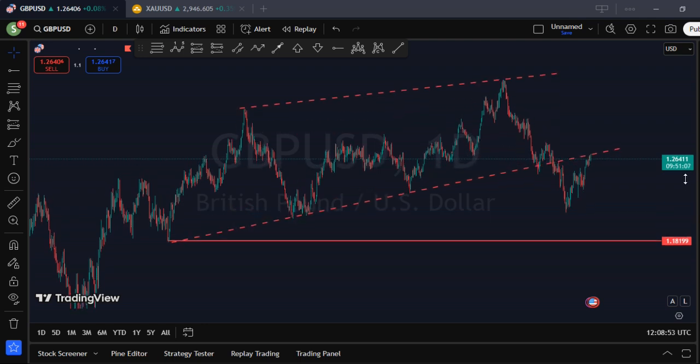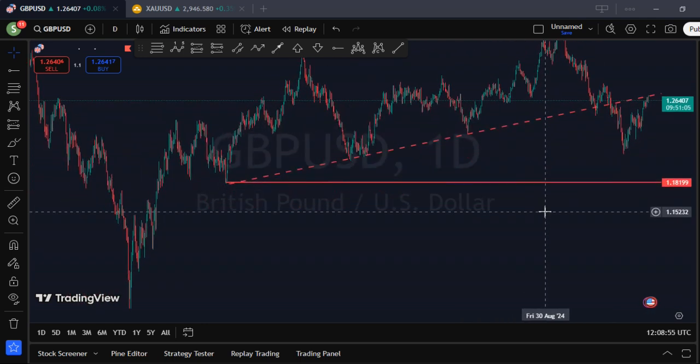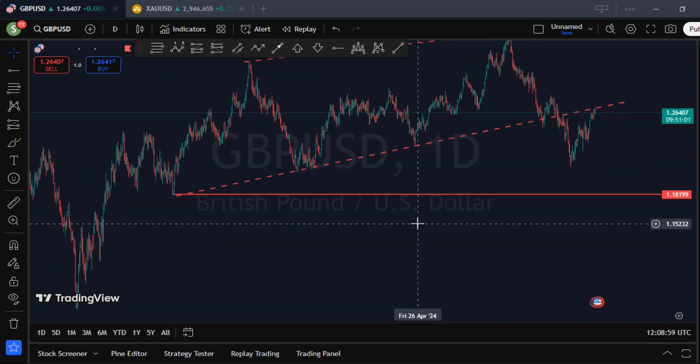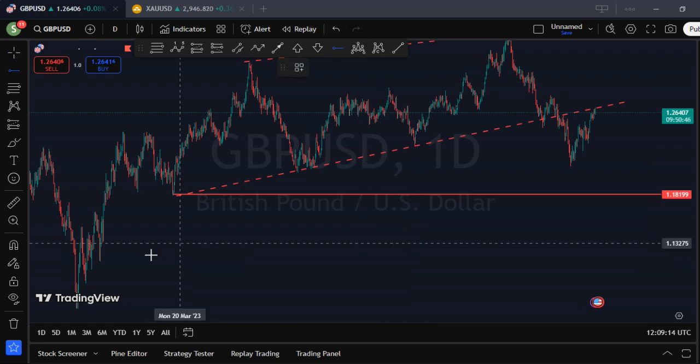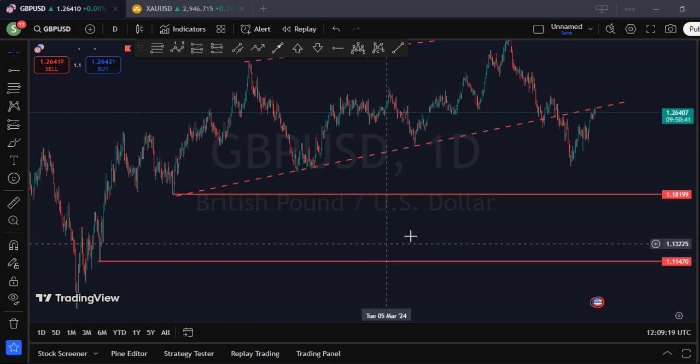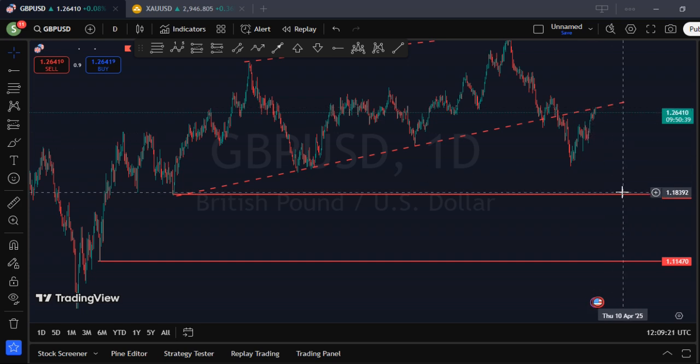But for risk management and not overtrading, as well as trying to be safe by all means, because forex is very risky, just put your take profit as close as you can. Here I know that the market is going to move and get to this point as well, from this to this, and then from this to this.